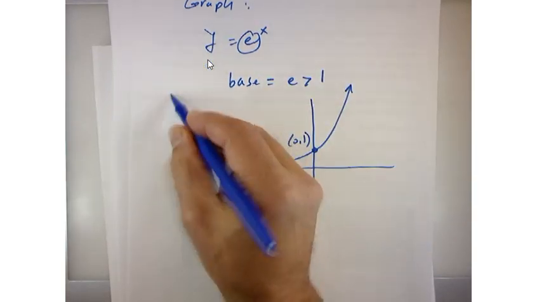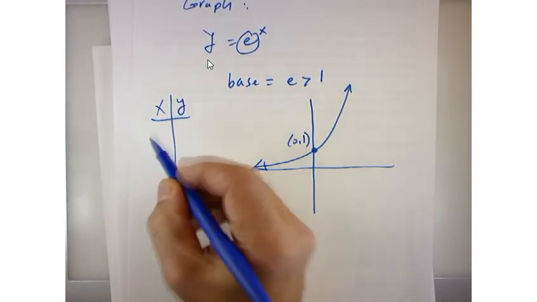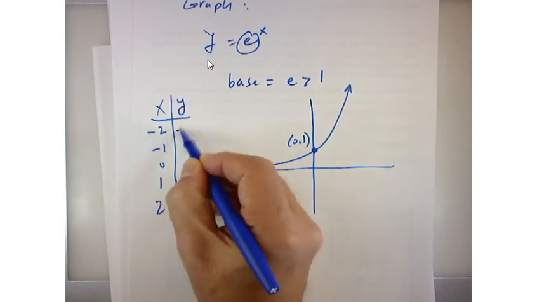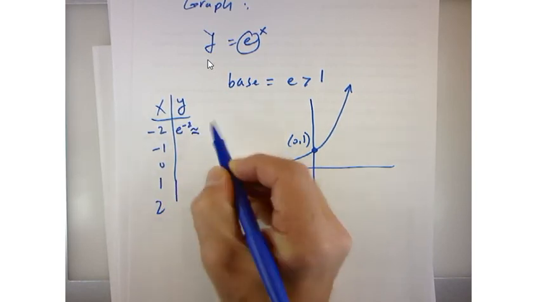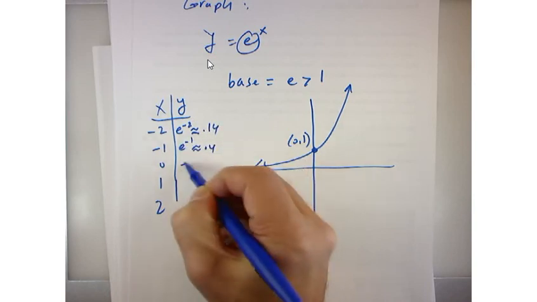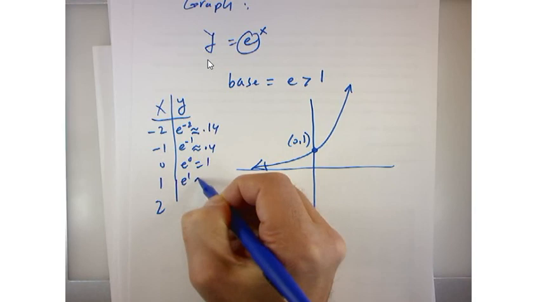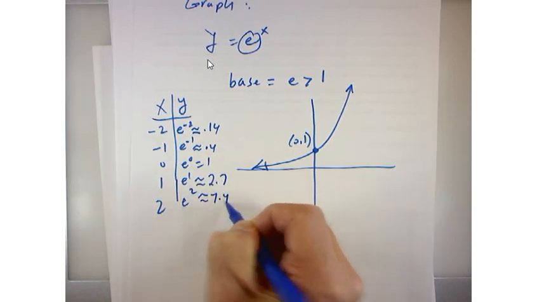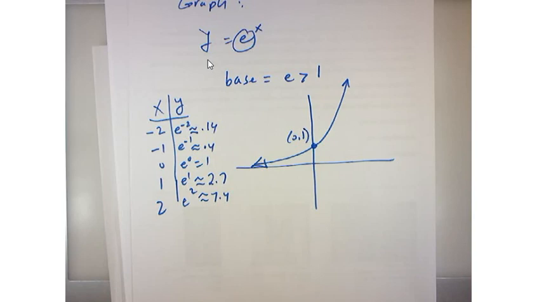And you can confirm that by making a t-table, plugging in those values. You have a calculator, so you do e to the negative 2, which is roughly 0.14, e to the negative 1, 0.4, e to the 0, e to the 1 is 2.7 roughly, and e squared is 7.4. If you plot them, you're going to get that shape.